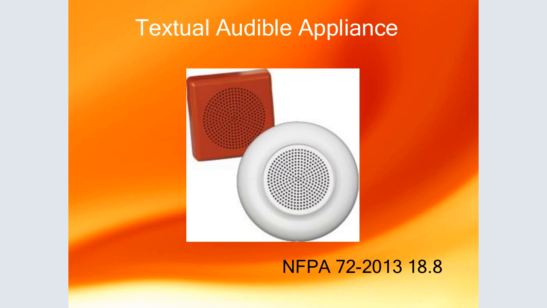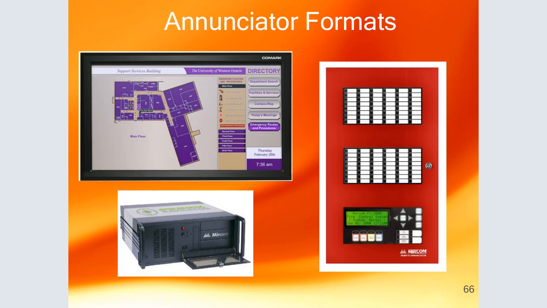Textual audible appliances. These are the ones that can be able to send text. We said that when the sounders make the noise, they can be able again to send the wireless instruments or appliances are able to send text to the fire control stations so that they can be able to trace the place. So the textual audible appliances as they look like.